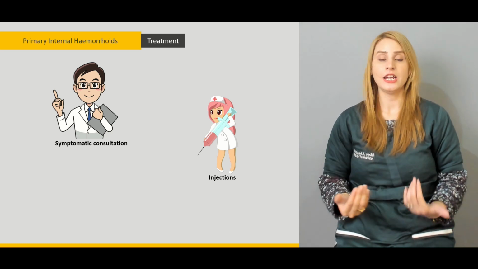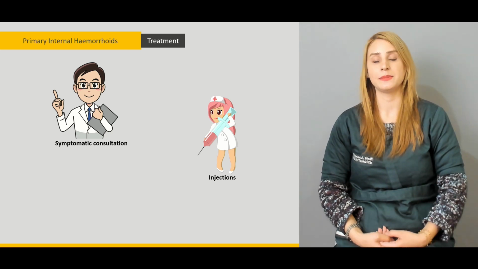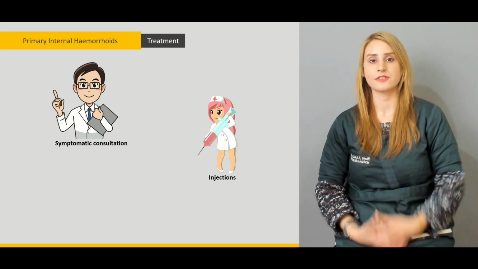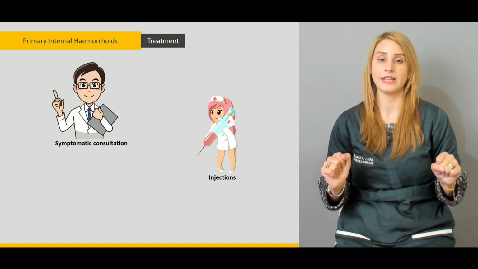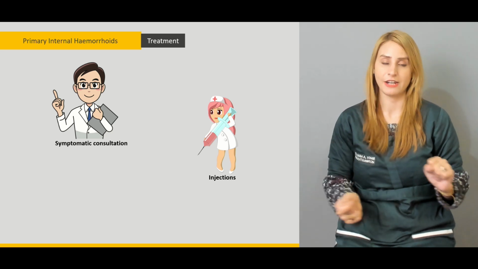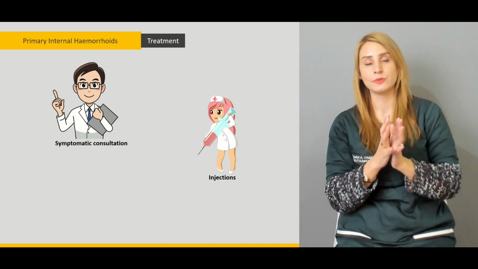After you are done with locally anesthetizing the patient, you insert the proctoscope, and you try to look for the presence of the internal hemorrhoids, and you try to identify if they are anterior or posterior.